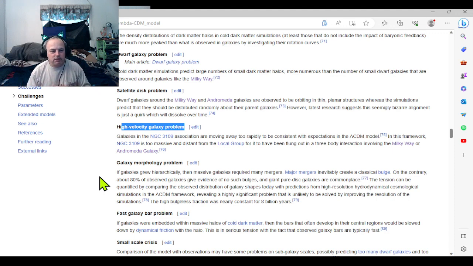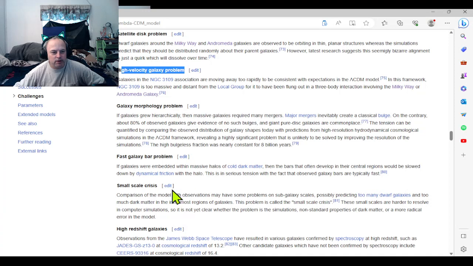The tension can be quantified by comparing the observed distribution of galaxy shapes today with predictions from high-resolution hydrodynamical cosmological simulations in the ΛCDM framework, revealing a highly significant problem that is unlikely to be solved by improving the resolution of simulations. The high bulgeless fraction is nearly constant for 8 billion years.